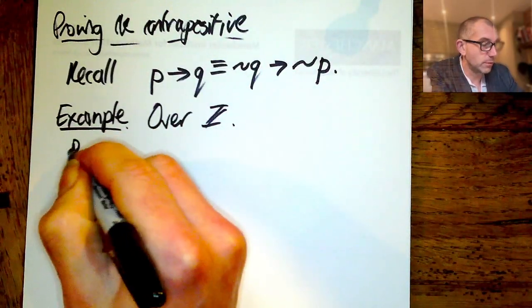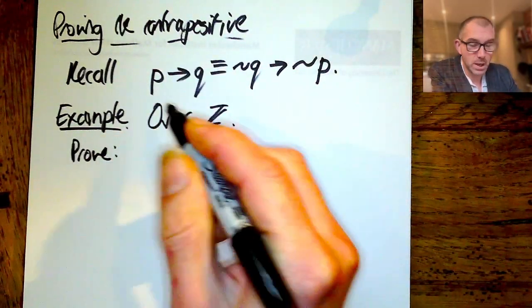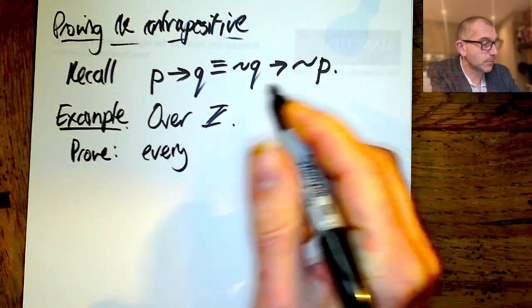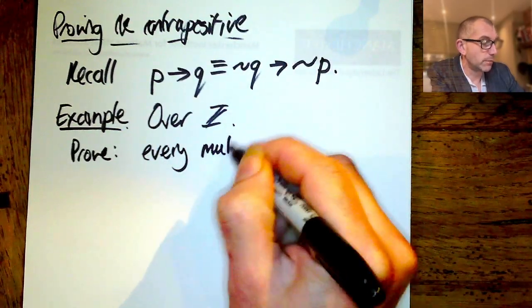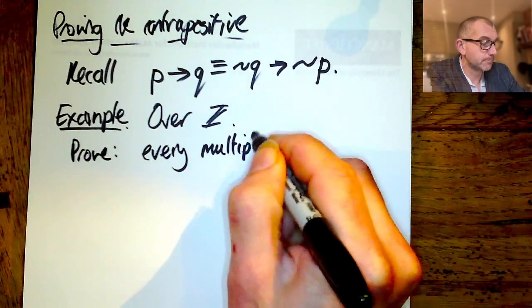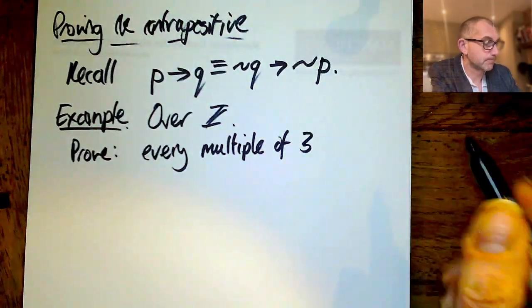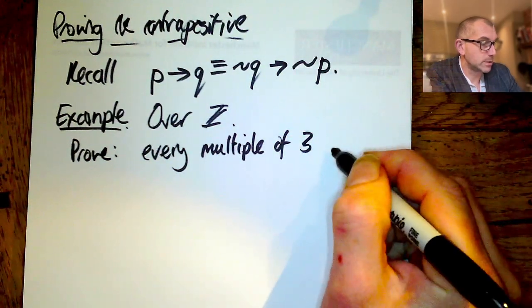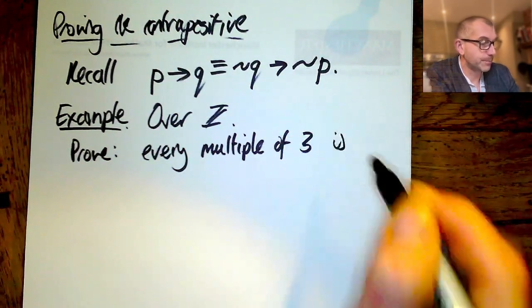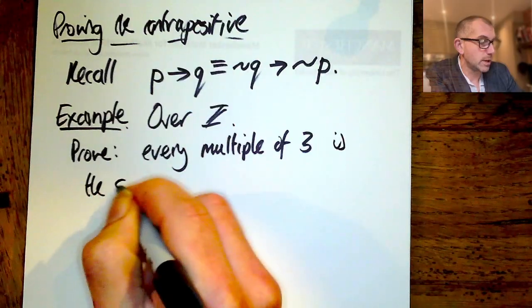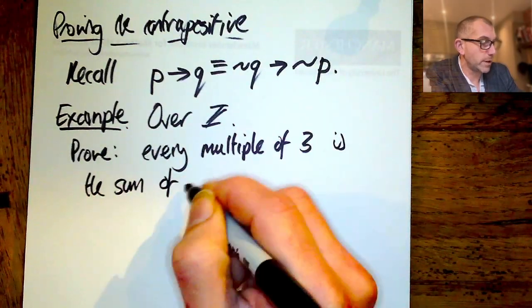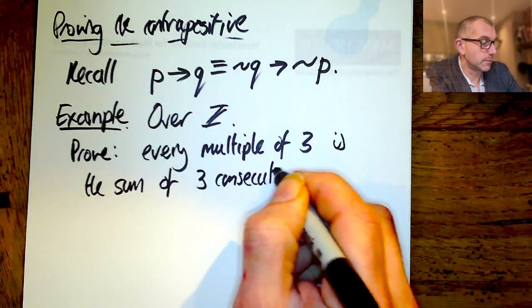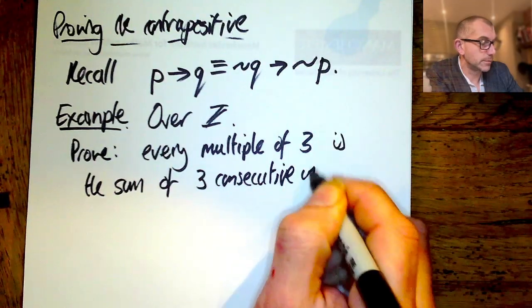So prove every multiple of 3, so all the multiples of the number 3 in the integers, is the sum of 3 consecutive integers.